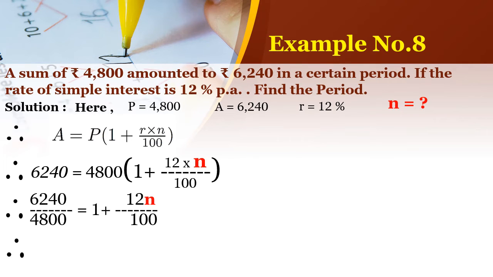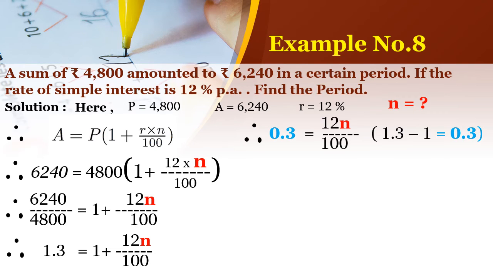Now next simplify the step. Here we get the answer when we divide 6240 by 4800, we get the answer 1.3. You can use a calculator or your mobile calculator, you get the answer 1.3 is equal to 1 plus 12n upon 100.